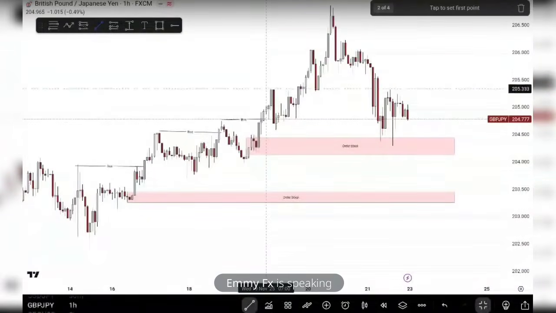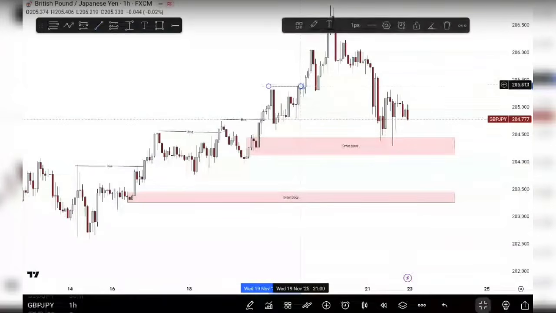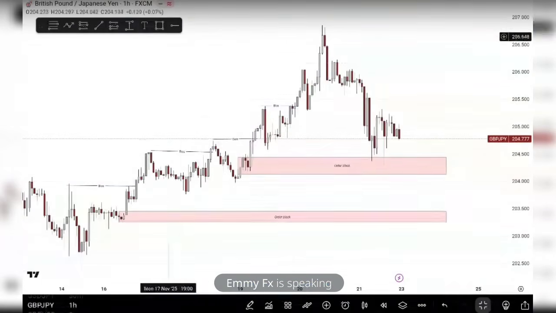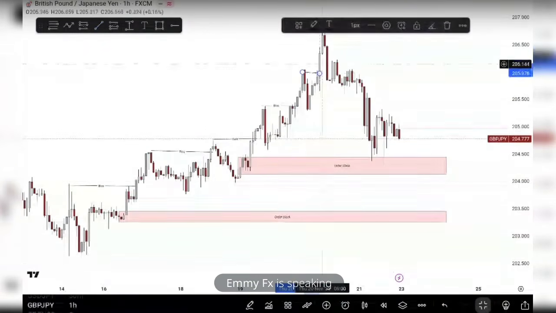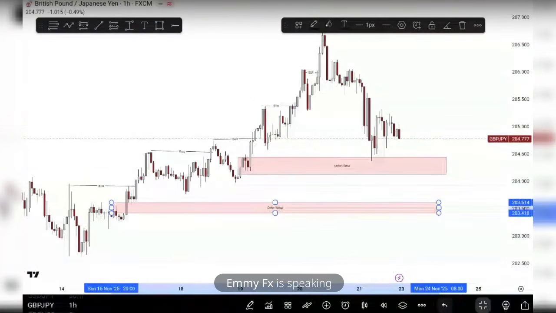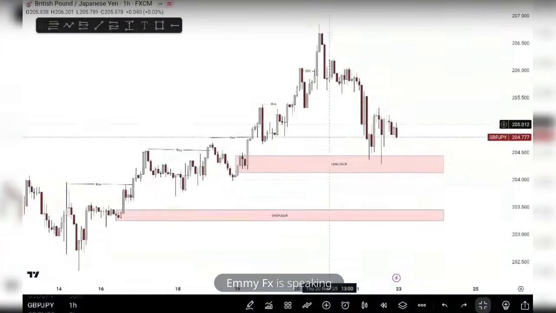This liquidity is not a break of structure. If you are in my mentorship class, you know this liquidity is not a break of structure.